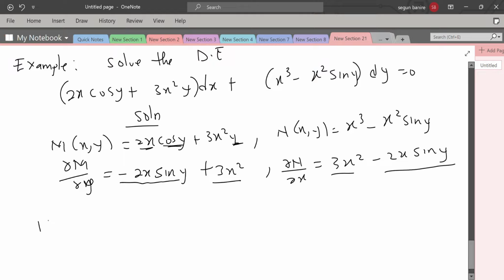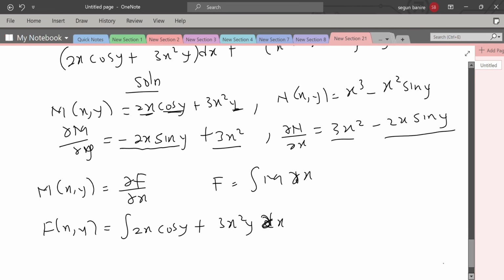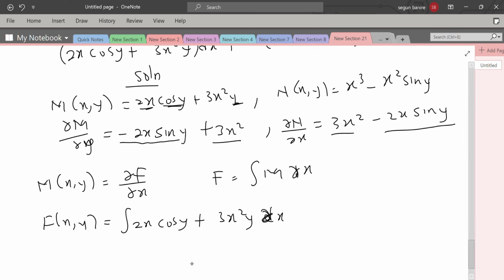We start from M of x comma y equal to the partial derivative of f with respect to x. So f now is equal to the integral of M dx. Let's look for f. f is a function of two variables. M is 2x cos y plus 3x squared y, then the partial derivative with respect to x. Please make sure you are using the partial derivative symbol.